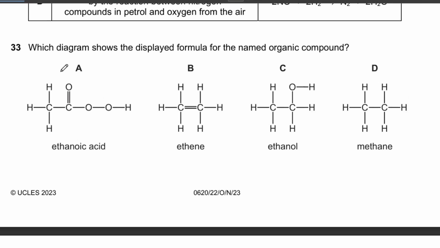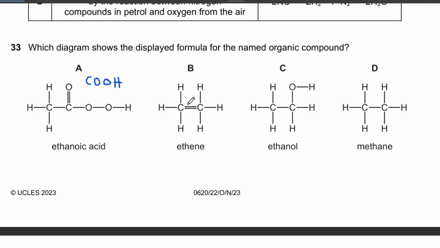Question 33. Which diagram shows the displayed formula for the named organic compound? That means they're asking us which diagram has the correct name. So ethanoic acid. This is wrong. Ethanoic acid is a carboxylic acid, so it's supposed to have functional group COOH, not COOOH. So A is wrong.